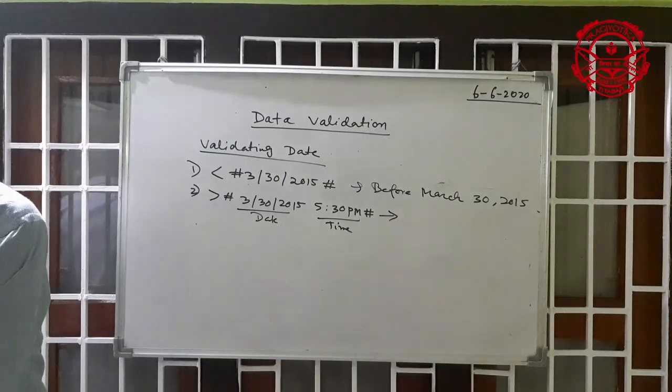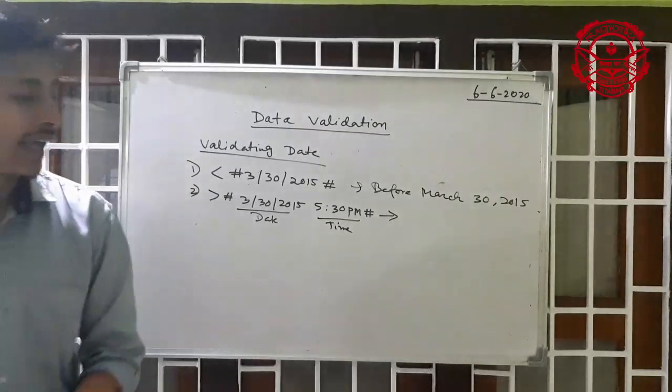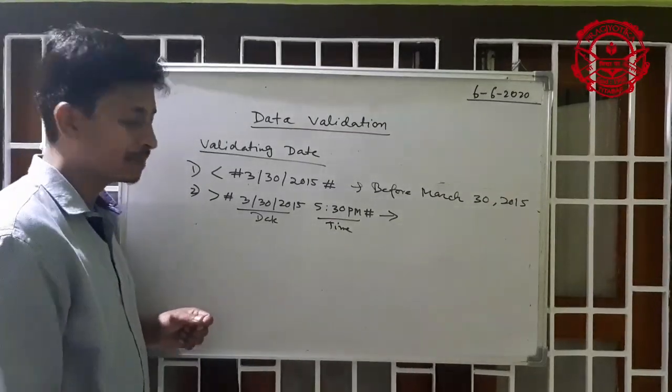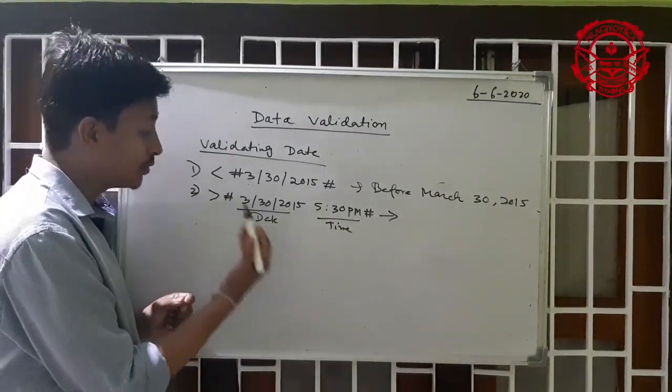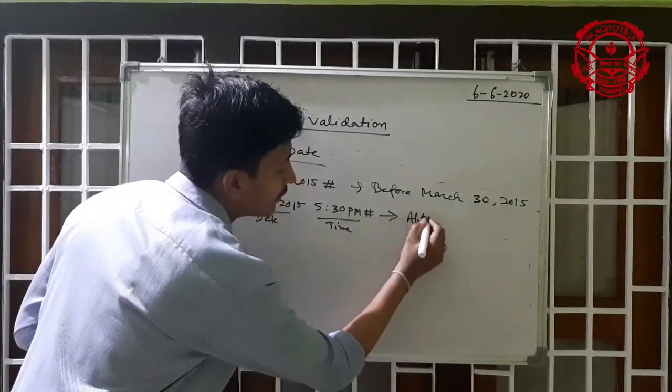It means the date occurs after 30 March at 5:30 p.m., and the time is also given. The date should be after, not before.